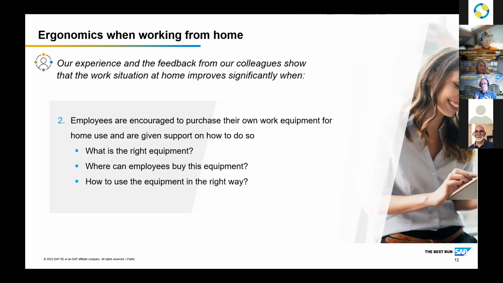You can't go to a standard furniture shop and buy an office chair; you need a special office furniture shop to buy a really good office chair. And when they have this equipment, we have to support them in using it in the right, ergonomic way. A sit-to-stand desk is not useful when I don't use it or when I use it at the wrong height. So it's really important that we support how to use equipment.